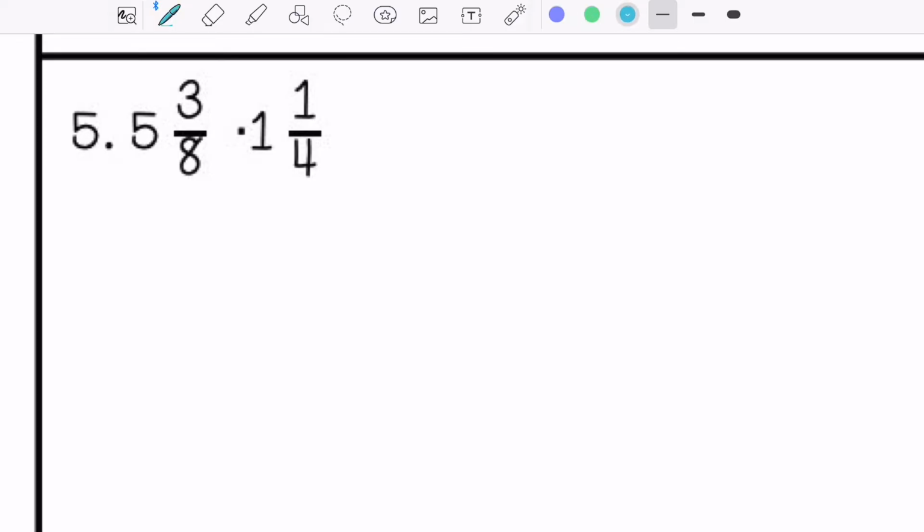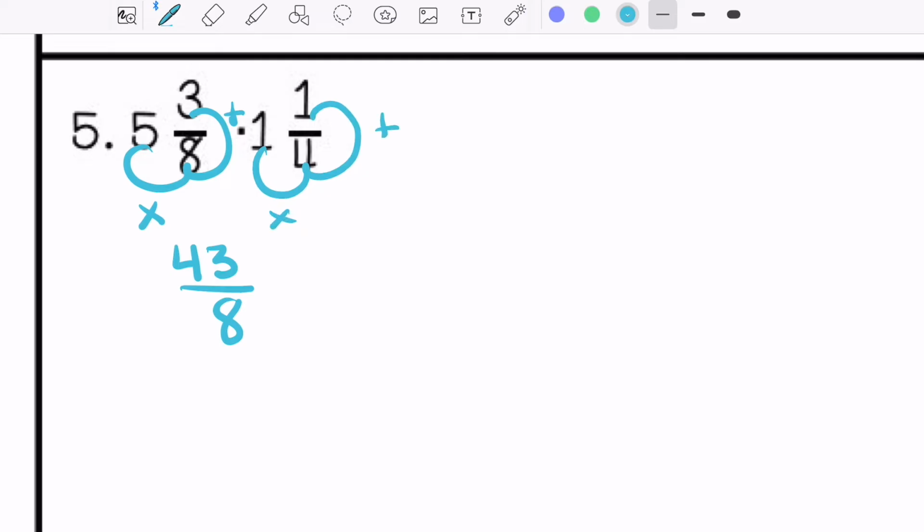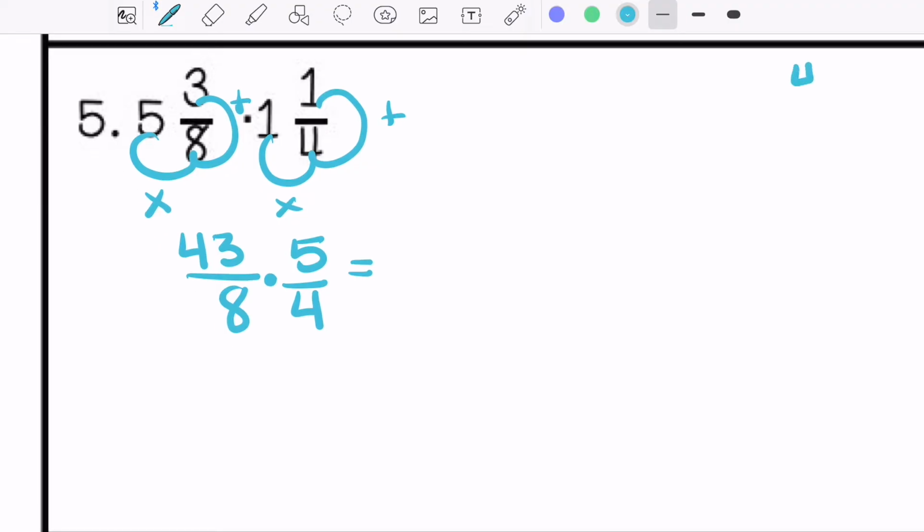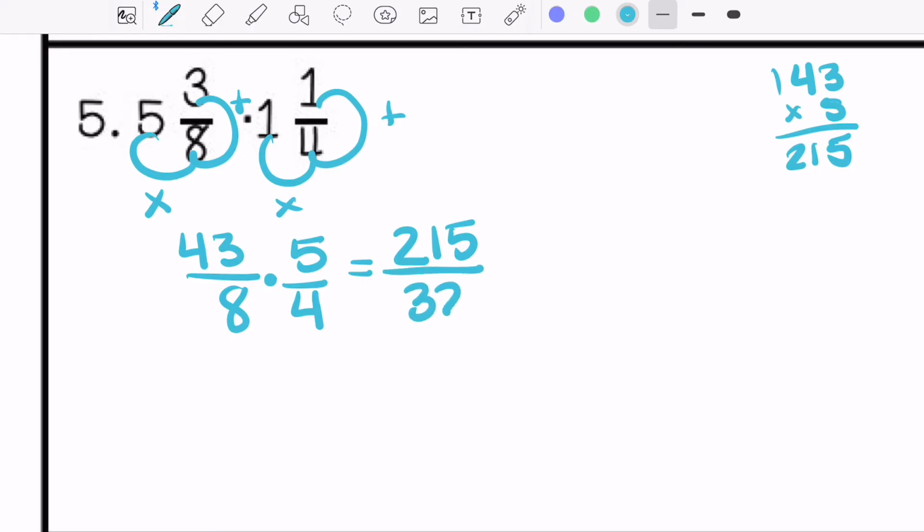All right, number 5, we're going to convert these. I don't see any greatest common factors between these. This one's going to be a little bit tricky because we got some big numbers here. All right, so how many times does 32 go into 215?